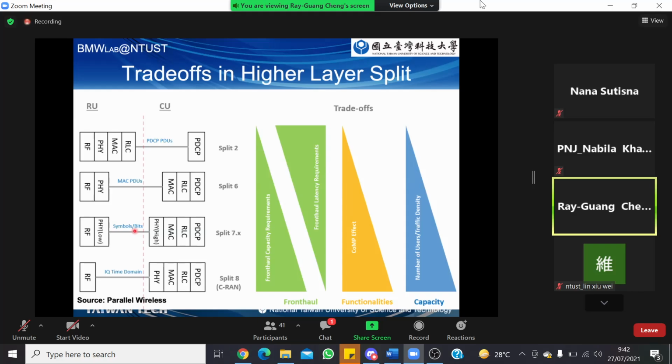But now you want to split it, so you need to transmit through fiber or Ethernet. So the data rate for the fiber Ethernet will be greatly increased. If you want to split between the physical layer and the RF, you need to transmit the IQ signal, either in time domain or frequency domain. The bandwidth requirement is higher.